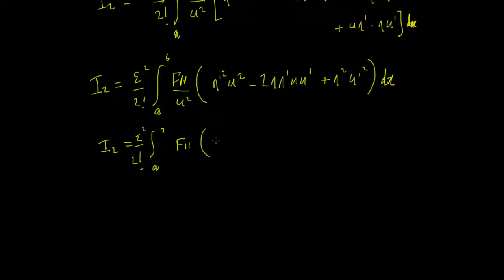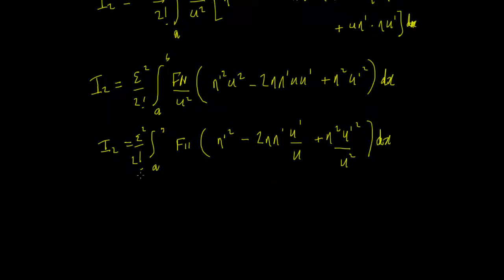Okay, and we can take the u in, so it's eta derivative squared minus 2 eta derivative u derivative upon u plus eta squared u derivative squared upon u squared all by dx.